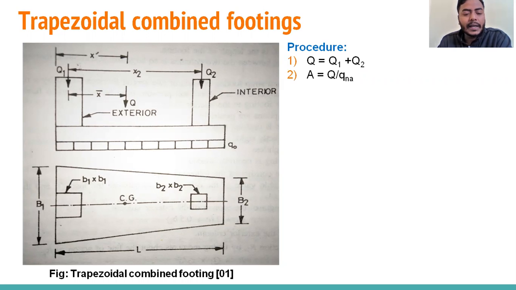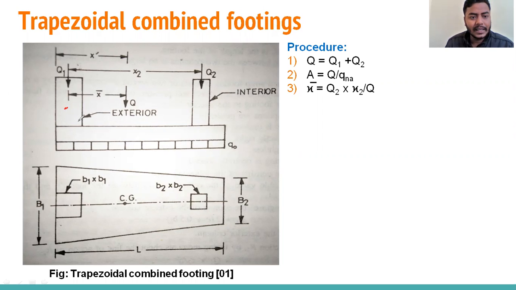Then we will find the area required. That will be Q divided by QNA, where QNA is the soil allowable pressure. Then we can calculate X bar. So X bar, how we can calculate? We'll take the moment about this point here.